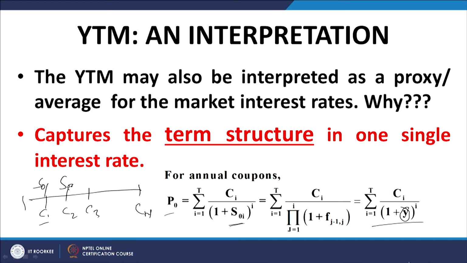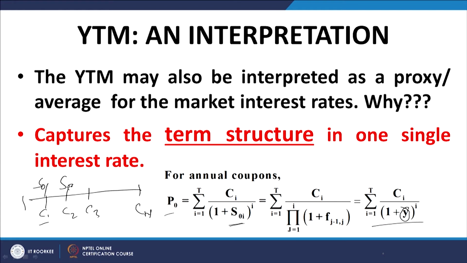So, we have two expressions for the price, one based on the term structure of interest rates or the spectrum of interest rates corresponding to the timings of cash flows, and the second, that one single rate discounting the cash flows to equal the current price. So, what does it mean? It means that this y captures the effect in some averaging sense. You see, this is one figure, here is a multitude of figures and they are doing the same job.